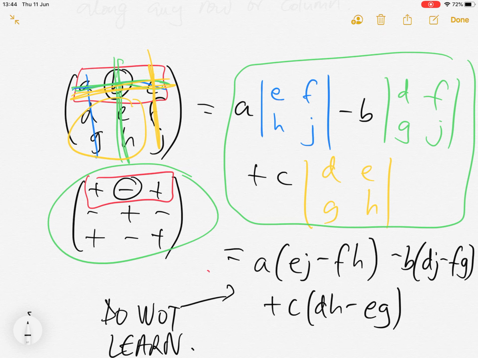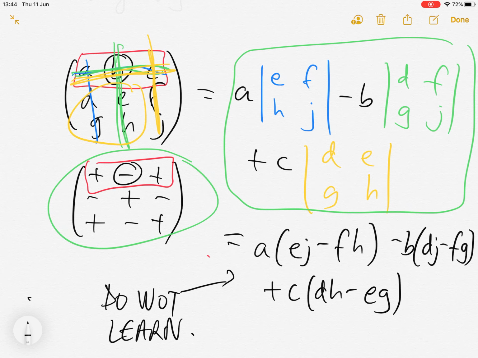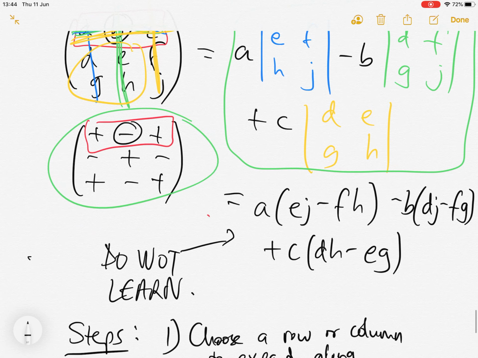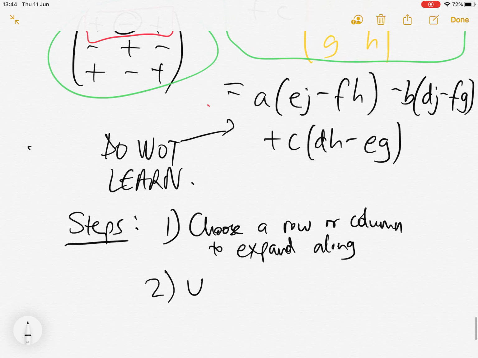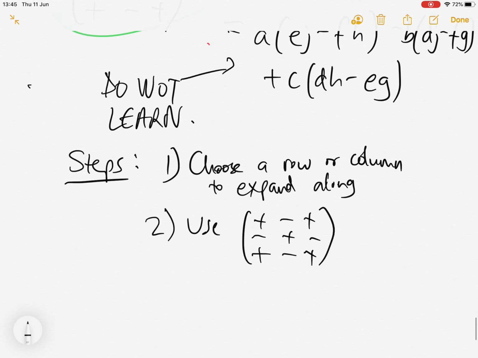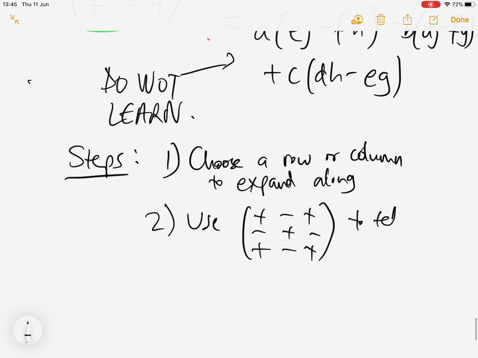You can choose any row or column, but you always have to use this plus minus plus diagram to make sure each term has the right sign. Step 2, use this to tell you the sign of each term.